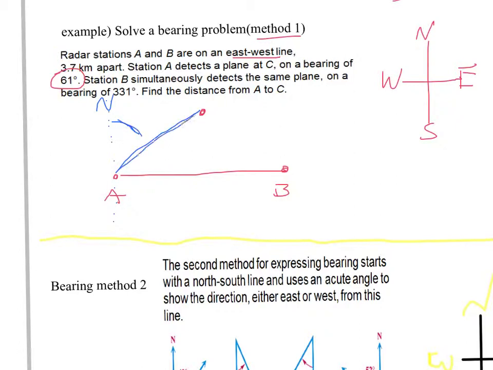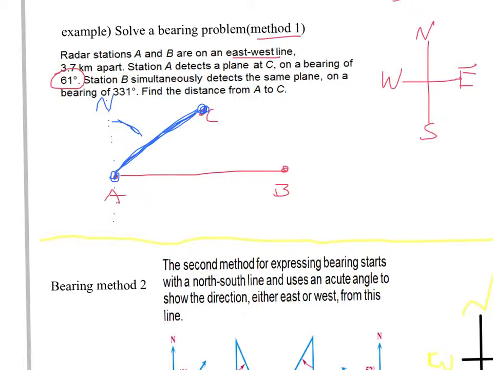That wasn't a pretty little triangle there, was it? So let me make that dot a little bigger there. All right? So there. Station B simultaneously detects the same plane. If you'd like, you can hit pause now and see if you can get the same sketch as me. Station B simultaneously detects the same plane on a bearing of 331 degrees.